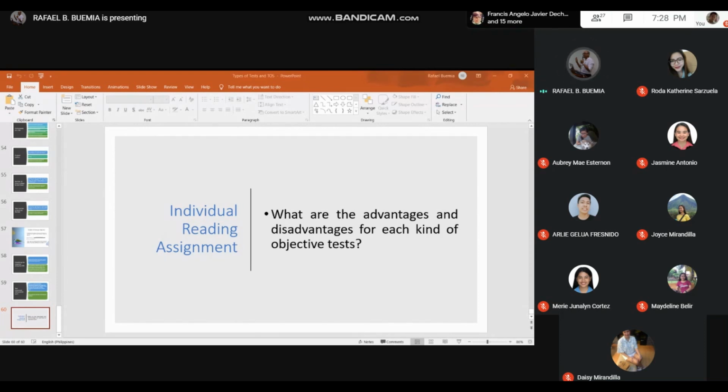Okay? And what you will do right away is evaluate our course. The standard for evaluating a course in Bicol University is a week after the midterm. Okay?